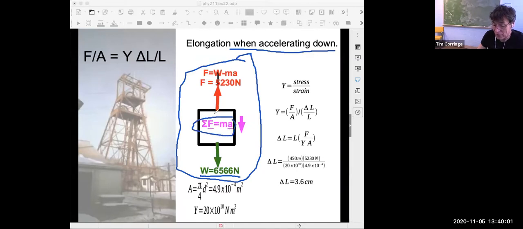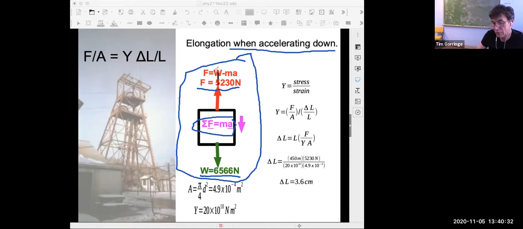And so to accelerate downwards, the tension force must be smaller than the force of gravity so that there is a net force that provides this acceleration. And so the difference between the weight and the tension force must be ma, or the tension force must be the weight less ma. That's how we ensure that there's an acceleration downwards.